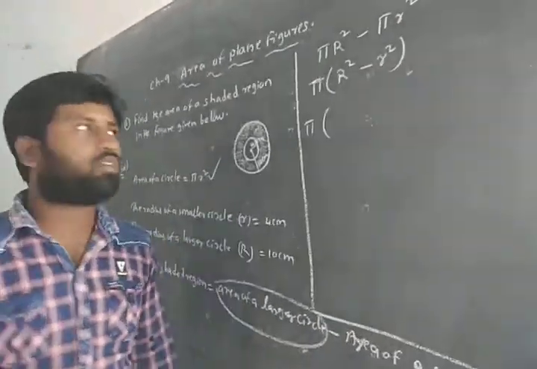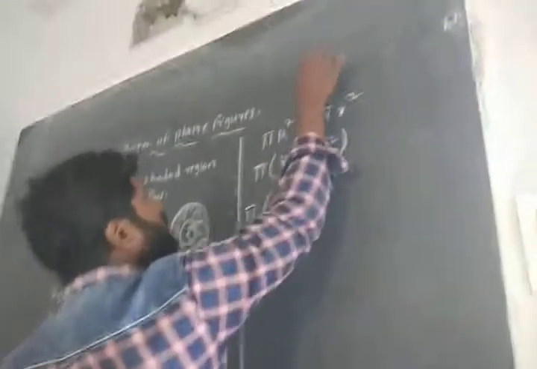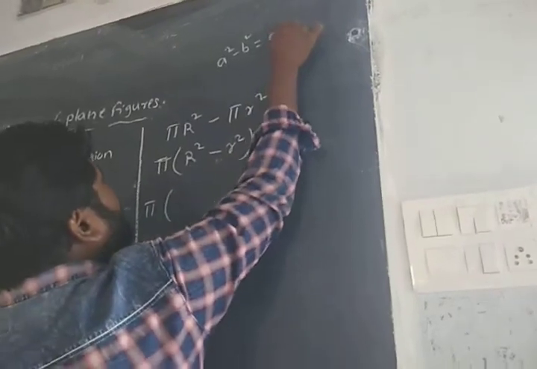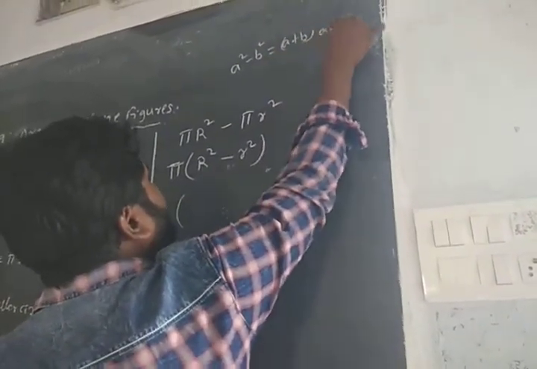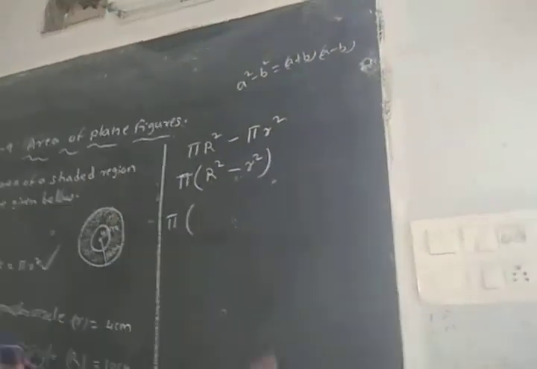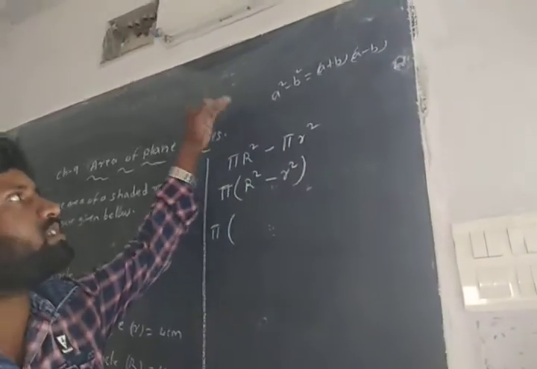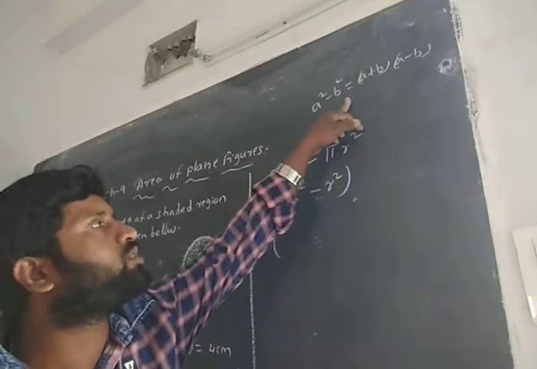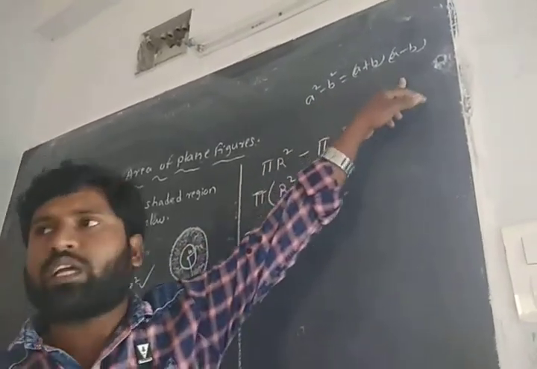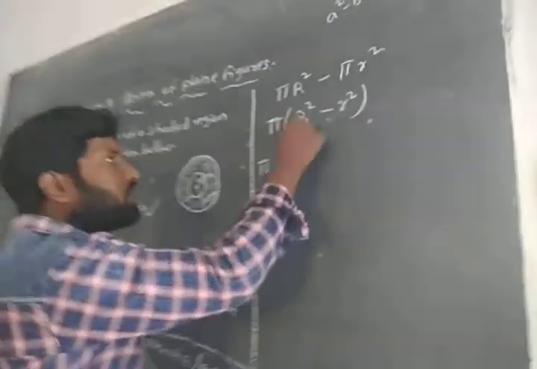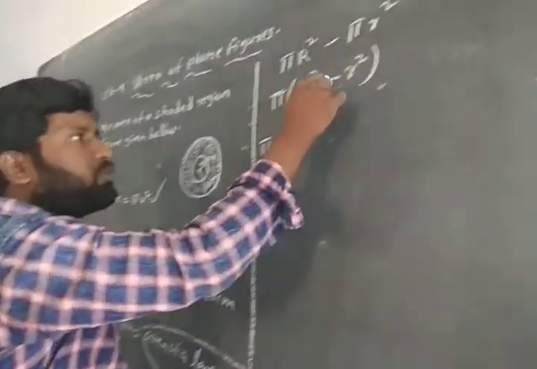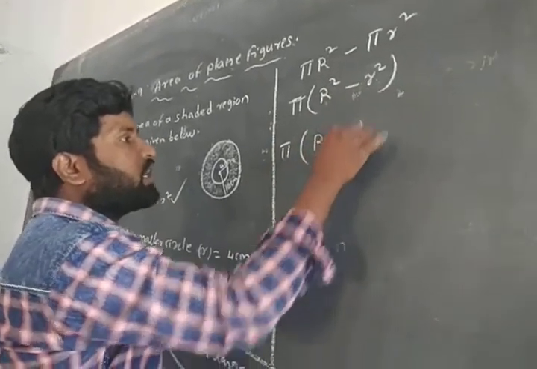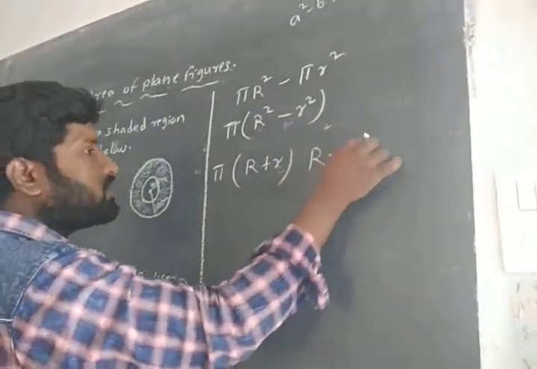Remember one of the algebraic identities, a square minus b square is equal to a plus b into a minus b. We discussed it in the previous class. Then capital R square minus small r square can be written as R plus r into R minus r.